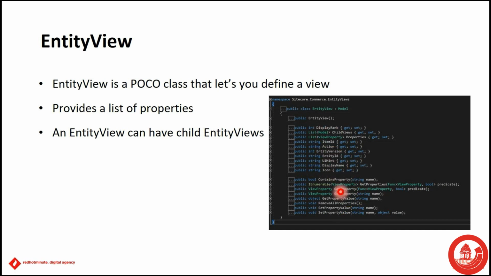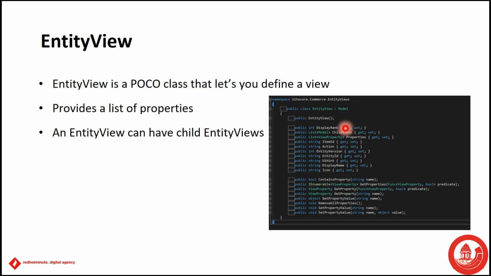Okay, so most of the things over here are self-explanatory, but I'll go through them in a bit of detail. For each entity view, the most important thing would be the properties. And these are properties that you want to render out in that view. Other things are the display name and display rank, which allows you to set the level at which that view displays.